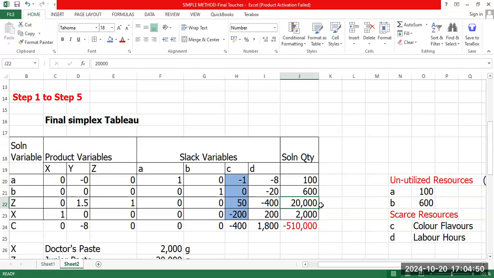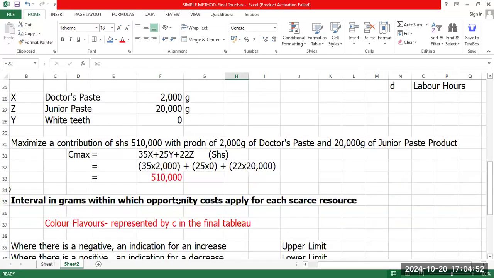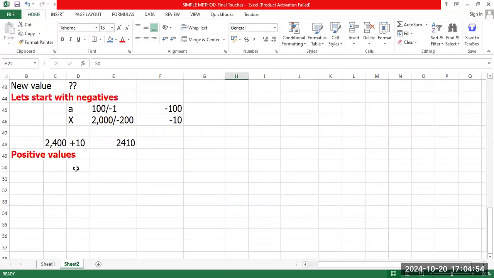So we get 20,000 divided by 50. So this is the upper limit. We need the lower limit. So get 20,000 divided by 50. What do you get?